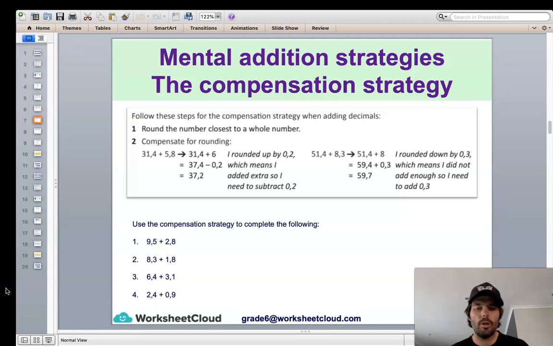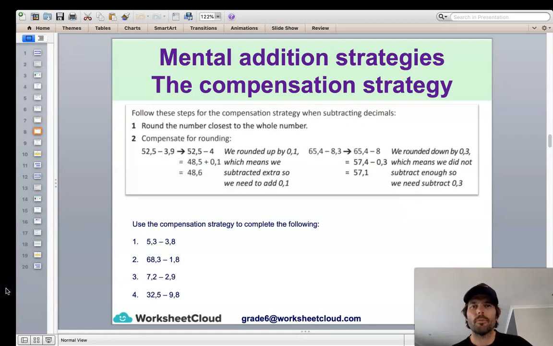Let's go have a look at what we do when we subtract decimals. So again, in the example, you can see that we round off to the nearest whole number. And then depending on if we round it up or if we round it down, we need to add or subtract the tenths towards the end. So on your first example, 52,5 minus 3,9, we've rounded 3,9 to 4.